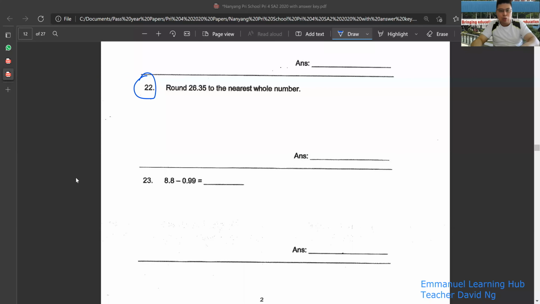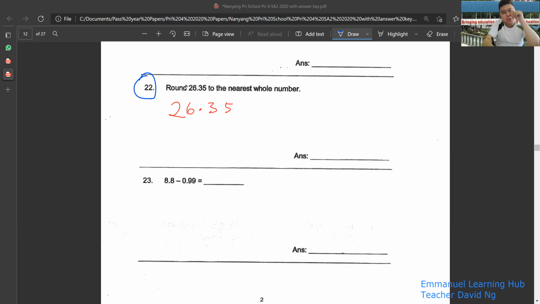Okay, so let's move on to the next question. Question 22, they tell you to round off 26.35 to the nearest whole number. What does it mean to round off to the nearest whole number? So you take a look at 26.35.